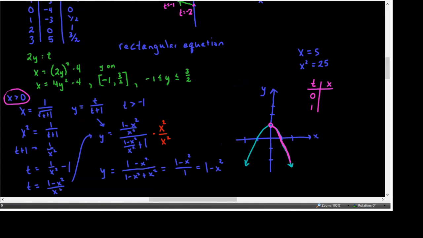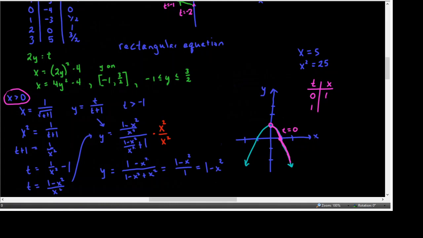So when t is 0, 0 plus 1 is 1, the square root of 1 is 1, so x will be 1. So at time 0, we're at x equals 1, which is this point right here. That's where we are at t equals 0.